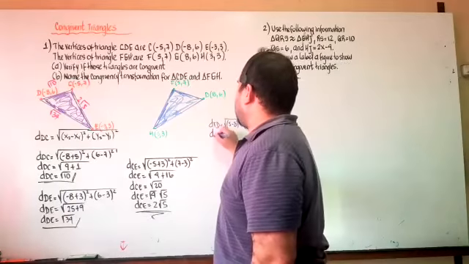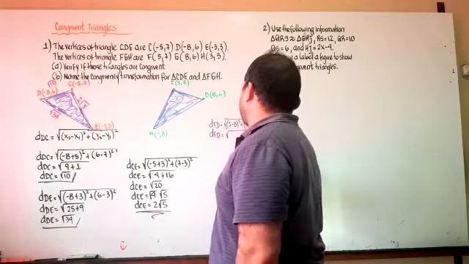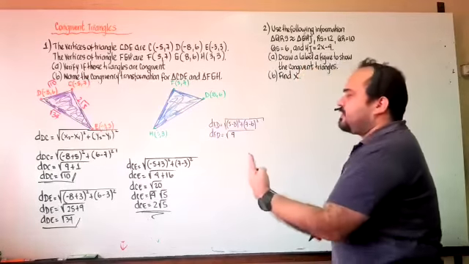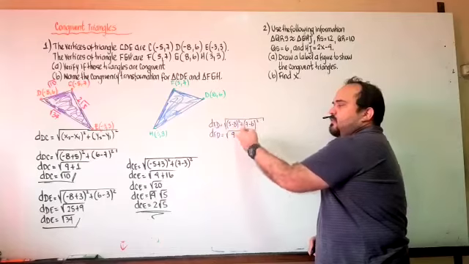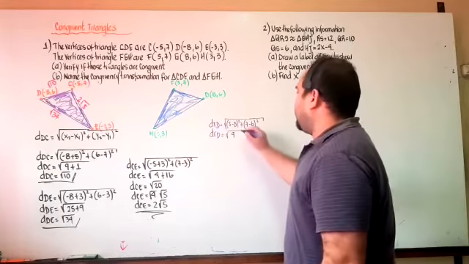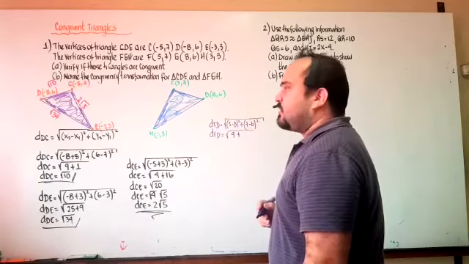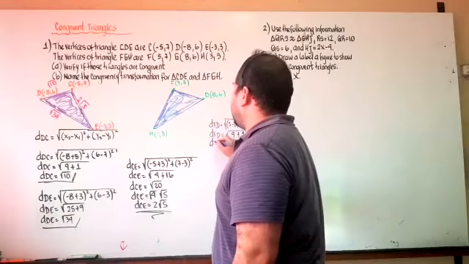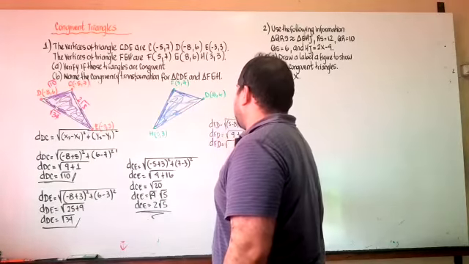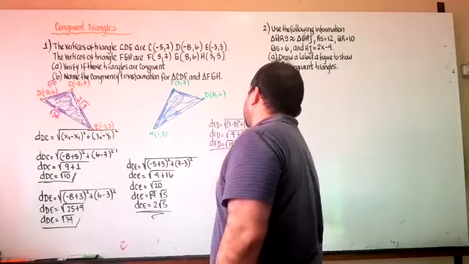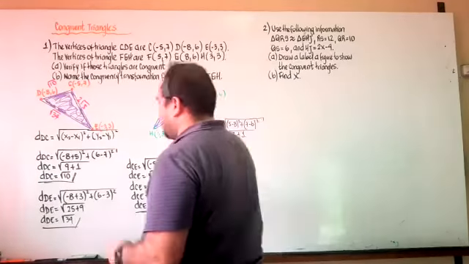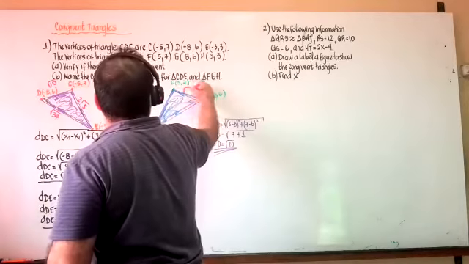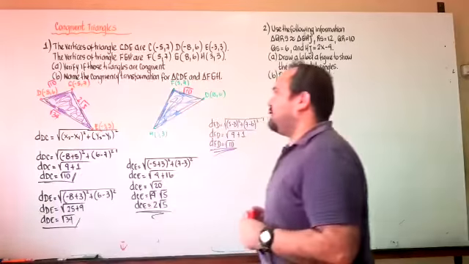Okay, FD: 5 minus 8 is -3. -3 second power, 9, plus 7 minus 6, that will be 1. 1 second power, 1. So we can conclude this is going to be the square root of 10. The first measure located over here will be square root of 10.